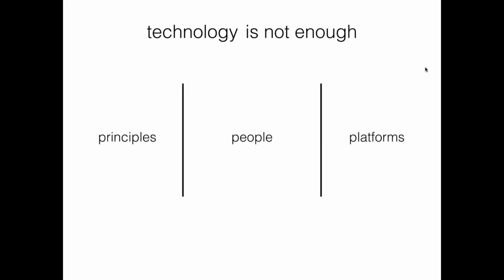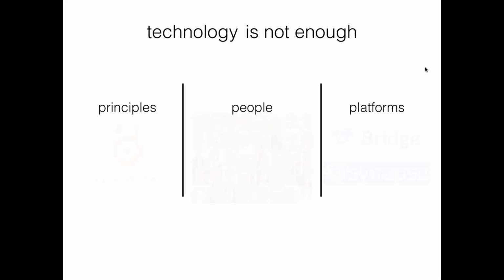I just want to take a moment and say that in our experience, technology is important and it enables a lot of this change, but it's not enough. And so we really focus at the intersection of three areas: the principles that we think are important, people, and then the technology or the platforms that we provide.